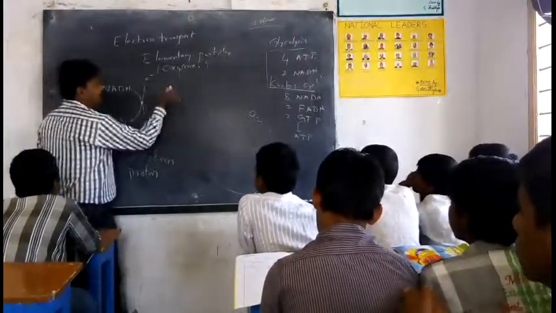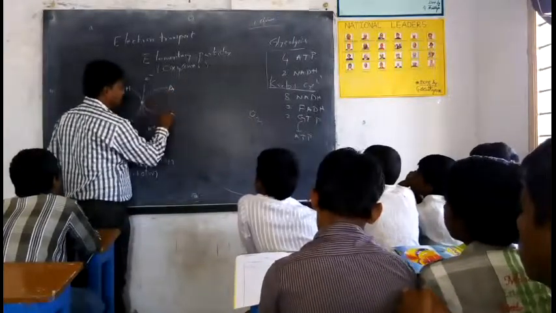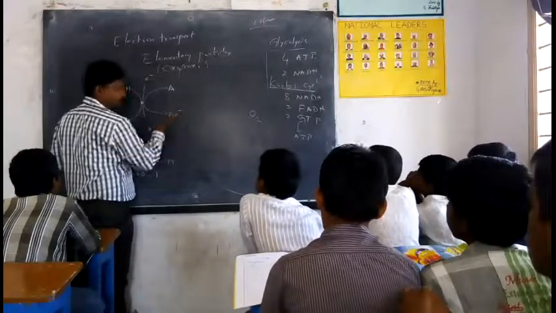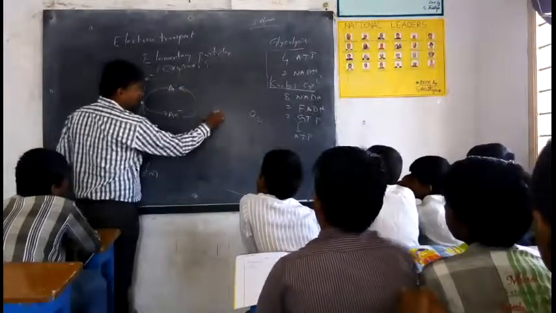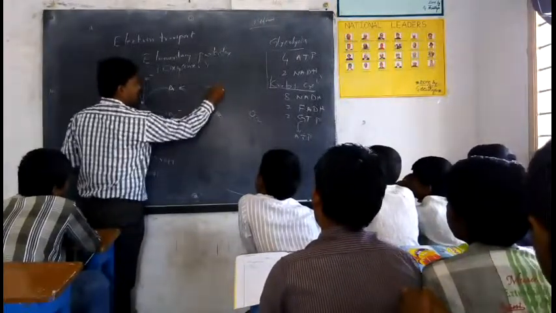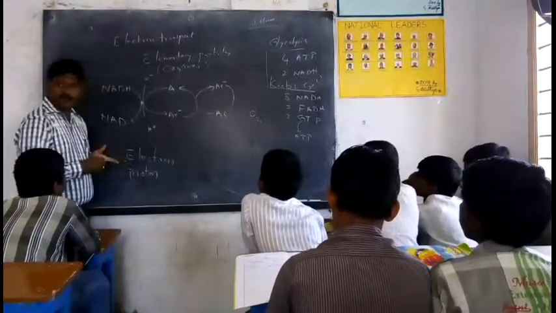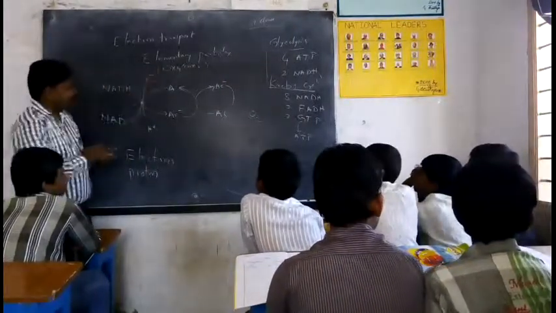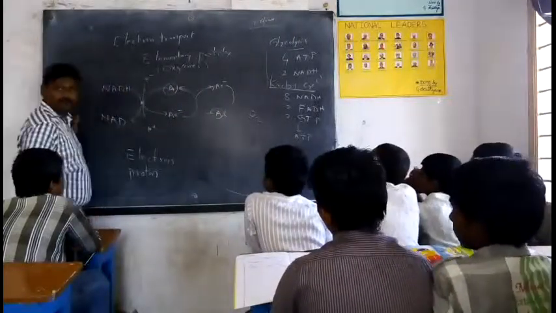Here you can see this is one, and it accepts an electron, for example A minus, and again it changes into A. Again one more electron acceptor takes the electron and is converted like this. These are called electron acceptors.